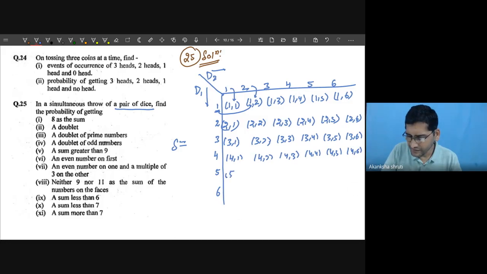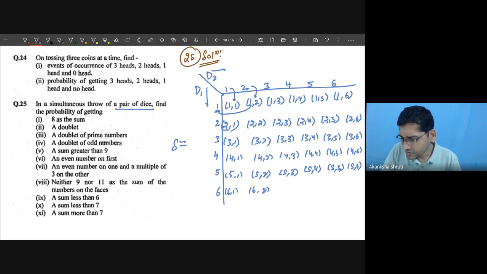Similarly for 5,1; 5,2; 5,3; 5,4; 5,5 and 5,6. Similarly for 6,1; 6,2; 6,3; 6,4; 6,5 and 6,6.